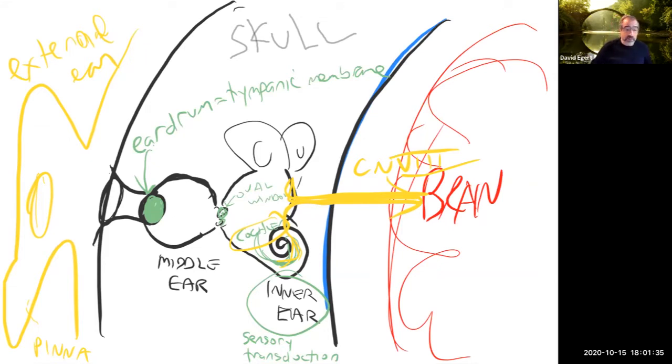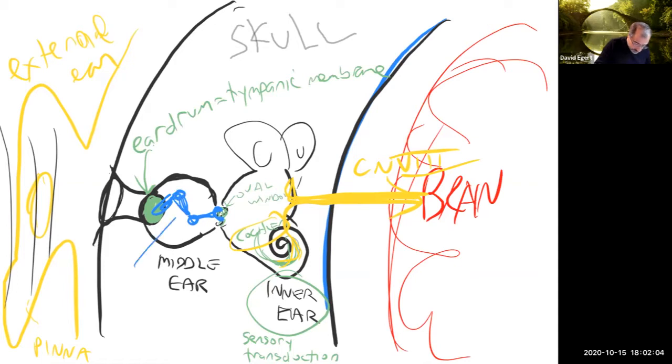The middle ear is more of a place to transmit the vibration. And again, we'll talk more in lecture, it does impedance matching, making sure we're efficiently transferring the vibration, which is in the air, into the fluid-filled environment of the inner ear. So we have these little bones, they're called the ossicles.